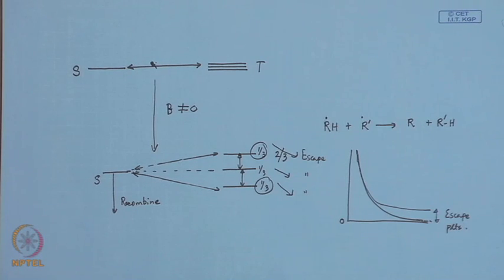Okay. So what experimental observation may we expect here in the presence of an external magnetic field? Singlet born radical pair and triplet born radical pair will behave in opposite fashion. A singlet born radical pair, immediately after its birth, will tend to recombine.